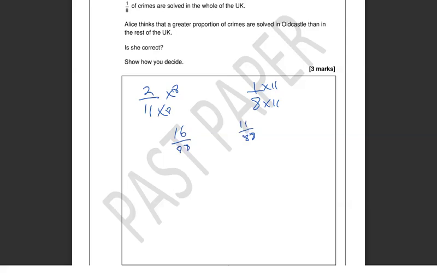So that means that she's correct, because the proportion of crime solved in Oldcastle is 16 out of 88, and the UK is 11 out of 88. Yes, she's correct.